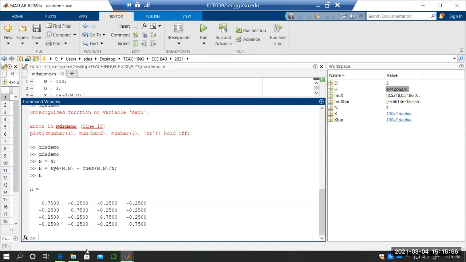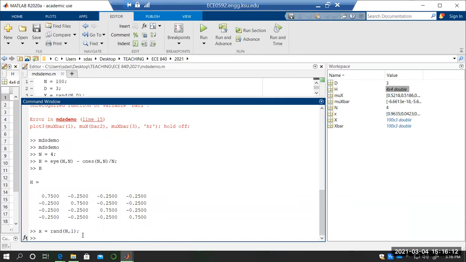I take any vector x. G will be, diagonal H, right? I forgot the expression. Was G equal to diagonal H?